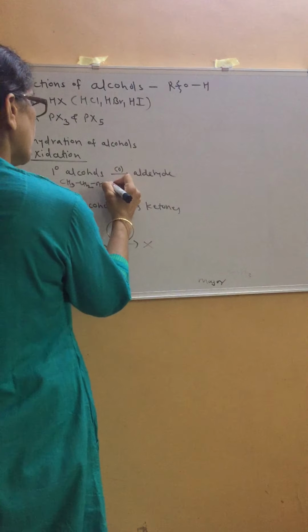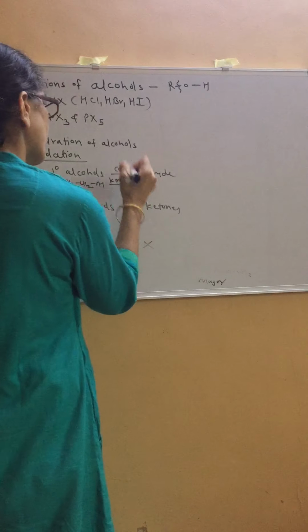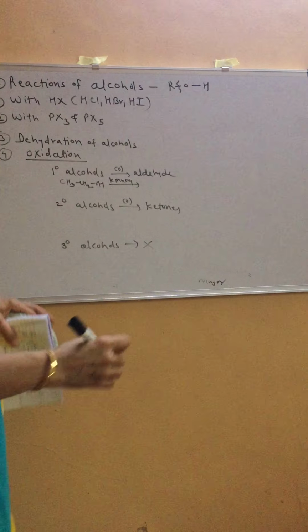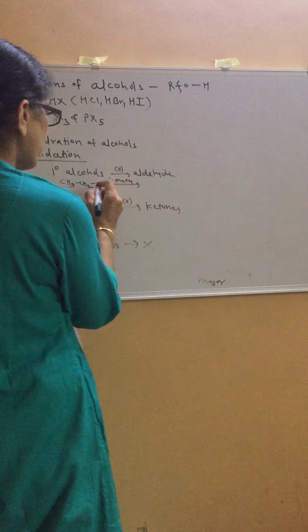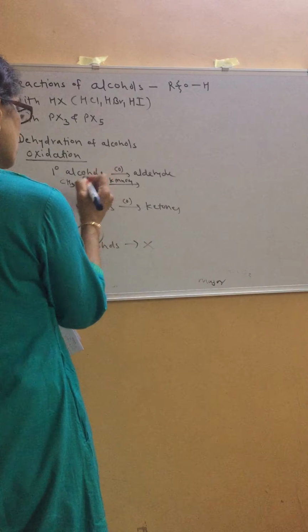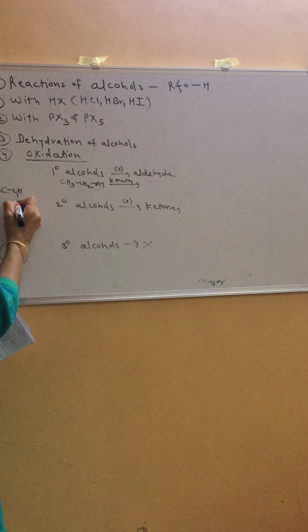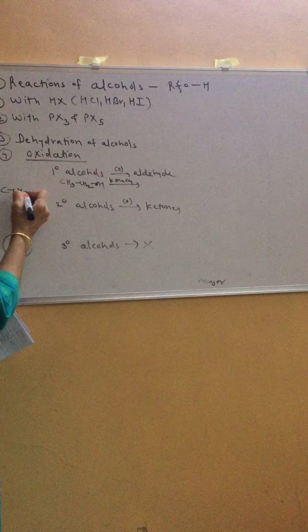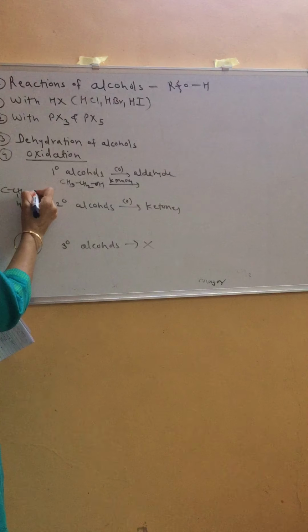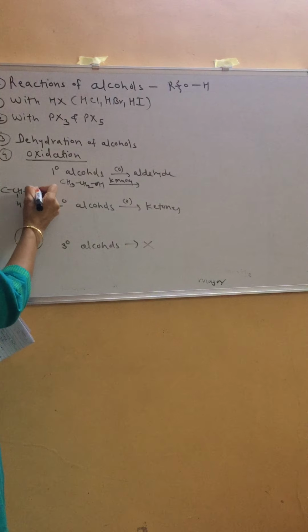It undergoes oxidation by simple oxidizing agents like KMnO4, K2Cr2O7, HNO3, and we will get, see, oxidation means loss of hydrogen atoms also. Here CH3CH2OH is our alcohol. So the hydrogen atom from the OH group and the hydrogen atom from the alpha carbon atom are removed, and we will get CH3CHO, that is aldehyde.